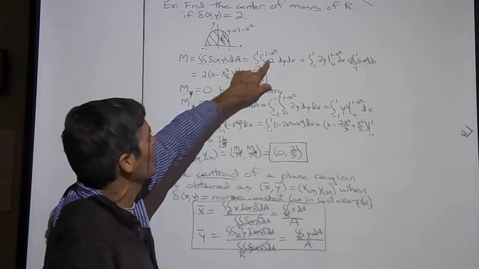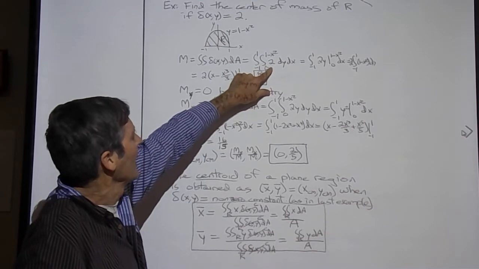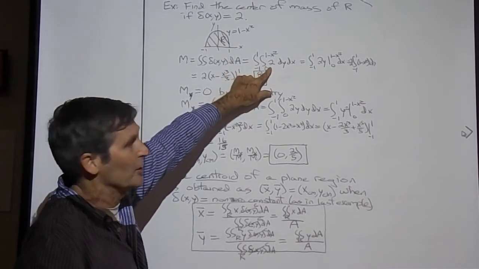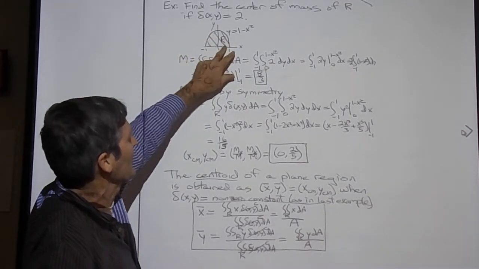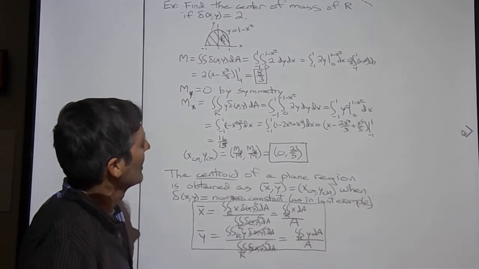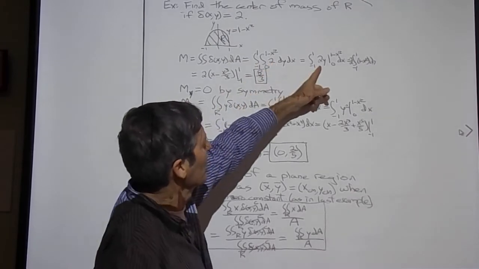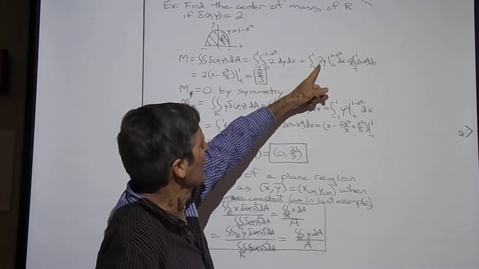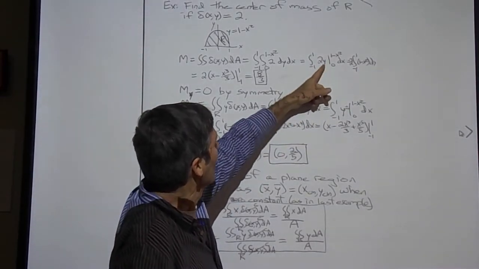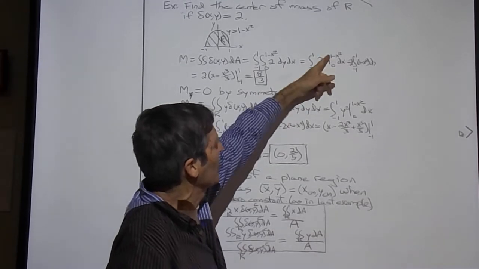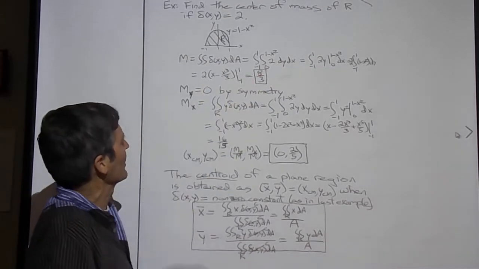I could pull the 2 out, and this would be the integral of 1 dx dy, which gives me the density times the area of the plane region. For a uniform density, you just take the density times the area, and that gives you the mass. I didn't choose to pull the 2 out, but we could just do the double integral. The integral of 2 is 2y, plug in the endpoints and take the difference. It's a calculus 1 integral, whose evaluation is 8/3.